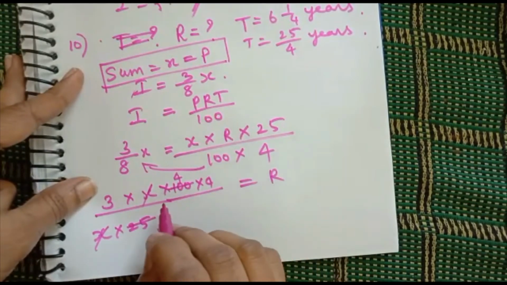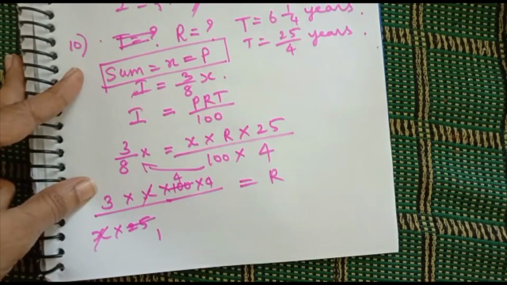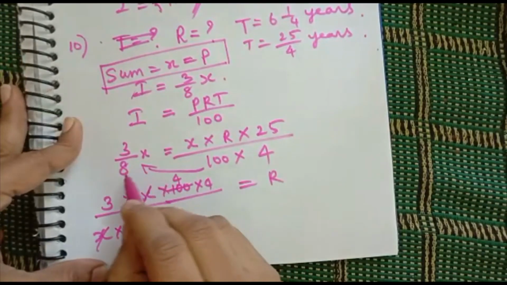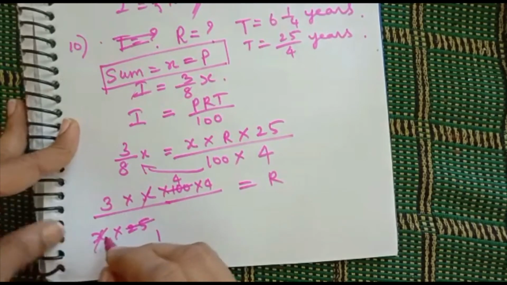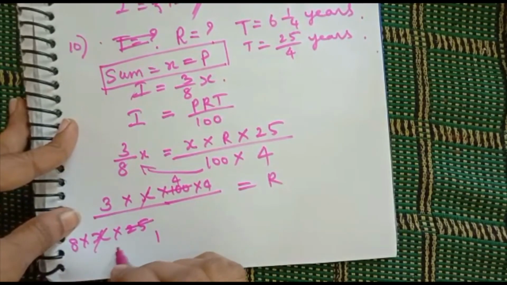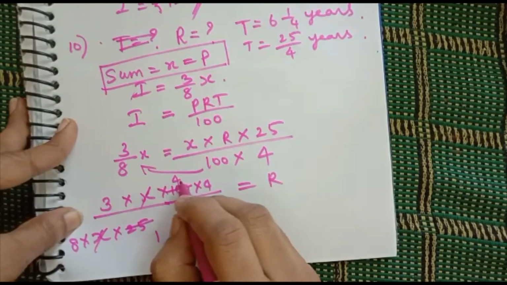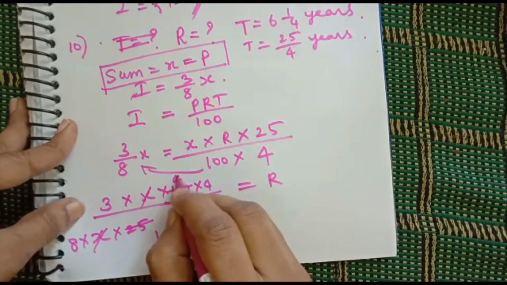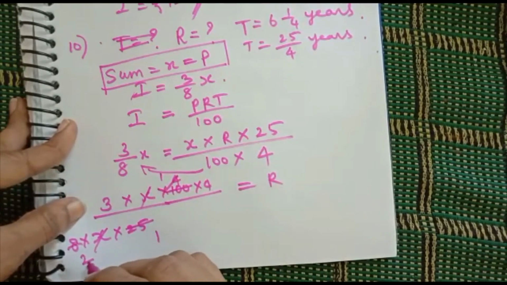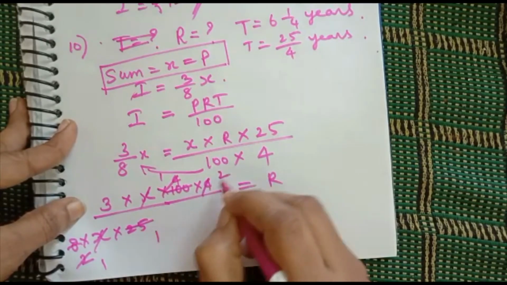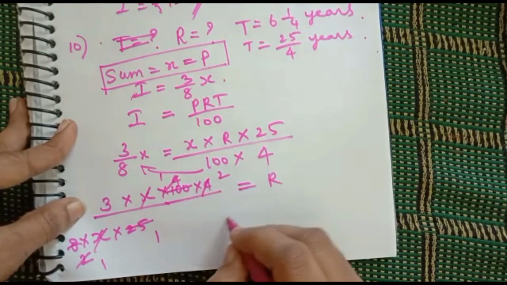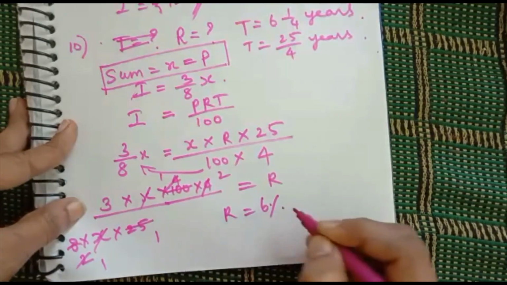So 4 is equal to, listen students, already 3 by 8, so 8 into x into 25, just cancel the zeros. Then 1 25 to the 4 25s are 100, then 1 4 is 4, here 2, so 3 2s are 6, therefore R is equal to 6%.